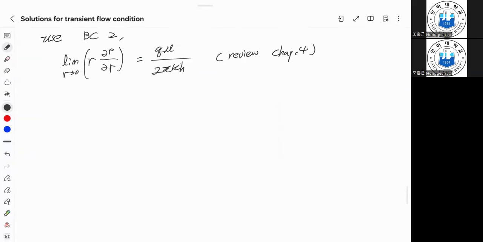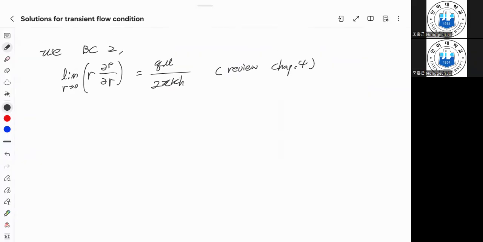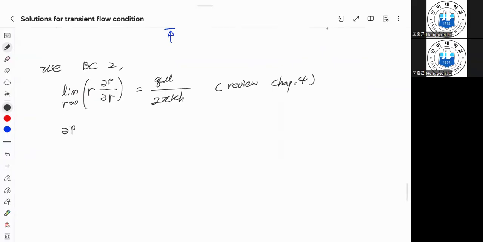So if we have this, this R should also be replaced by the S. So partial P partial R is equal to dP ds times partial S partial R, and this one we had earlier, so this becomes 2S over R, right? Yes.